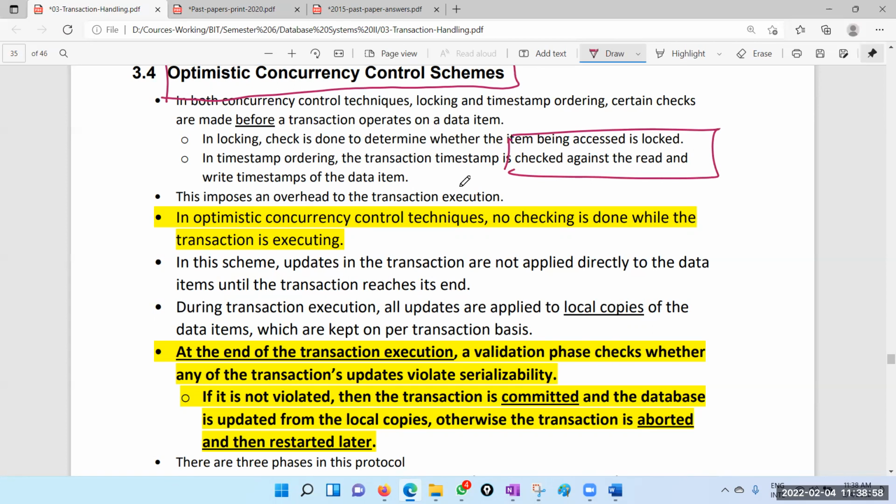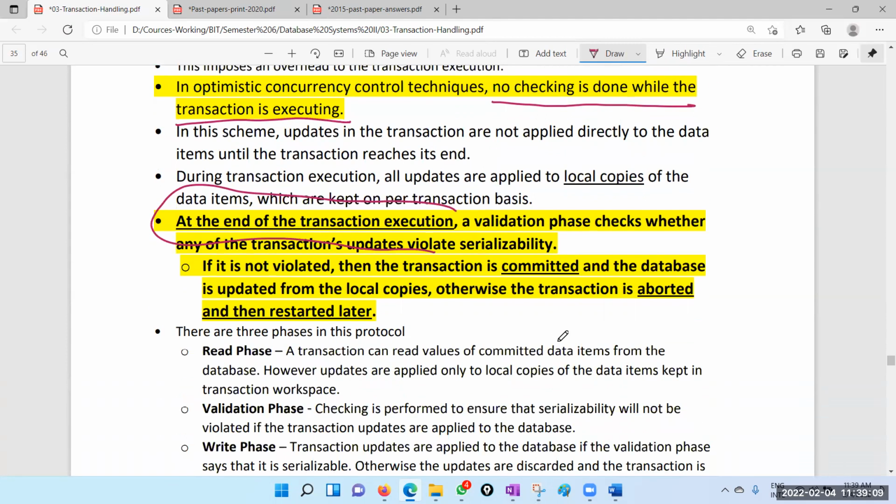No checking is done while the transaction is executed. But at the end of the execution, we validate whether we have violated any serializability issues. If it is not violated, we commit it. If we find that it has been violated, because violation can happen very rarely, right?